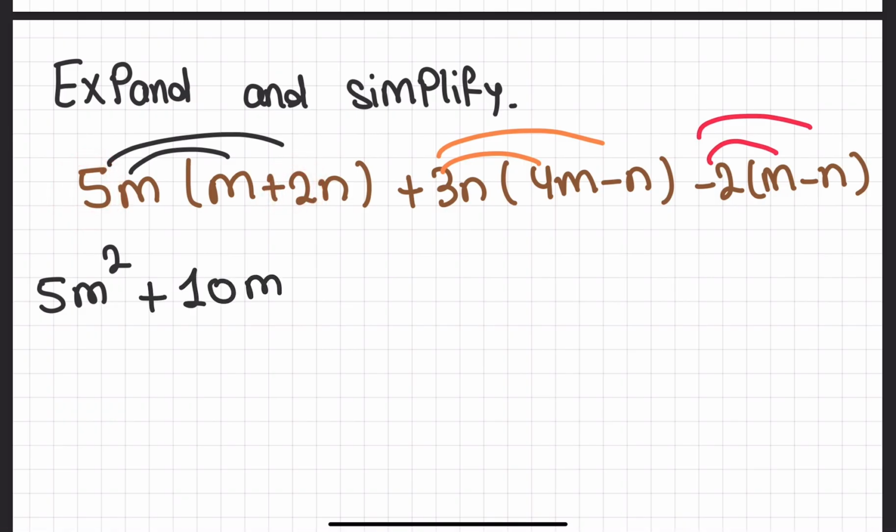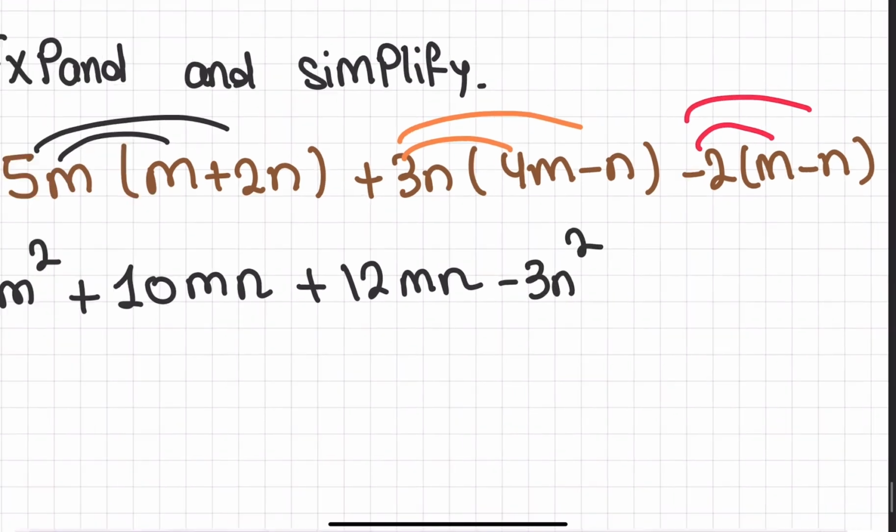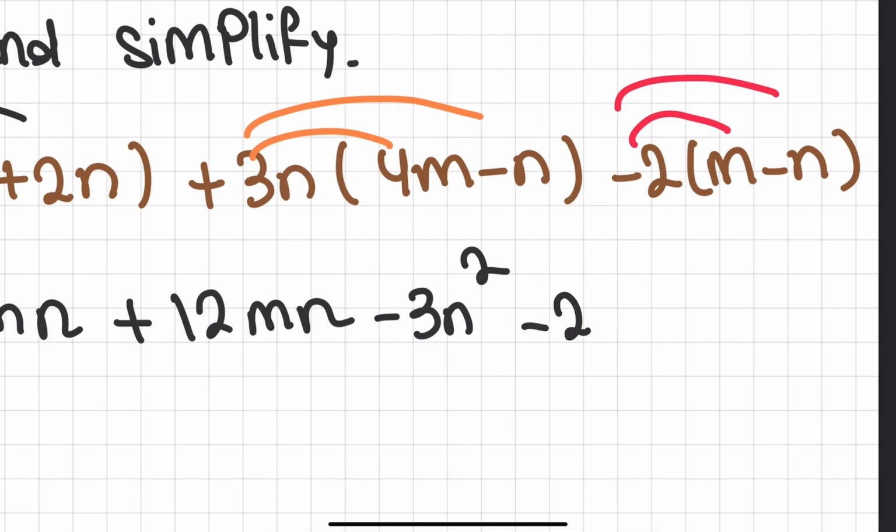And then m stays the same and n stays the same because I don't have the same variable here. In here it's going to be 3n times 4m. 3 times 4 is 12. Going to be plus 12mn. And in here 3n times minus n is going to be -3n squared. Here -2 times m is -2m, and -2 times n is going to be +2n.